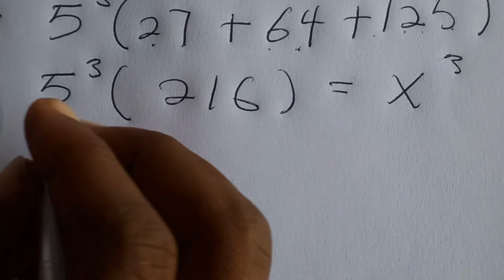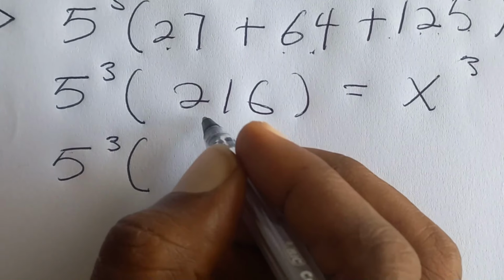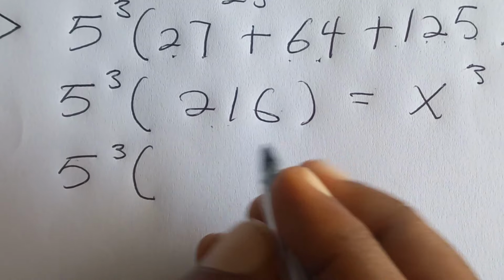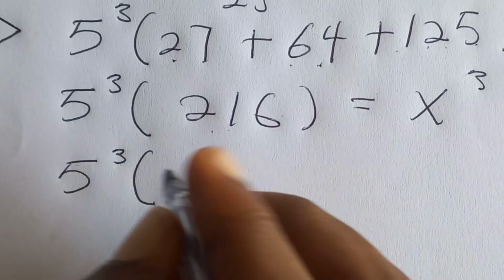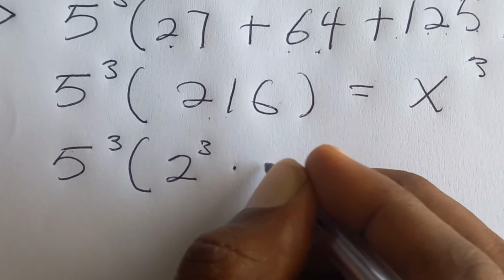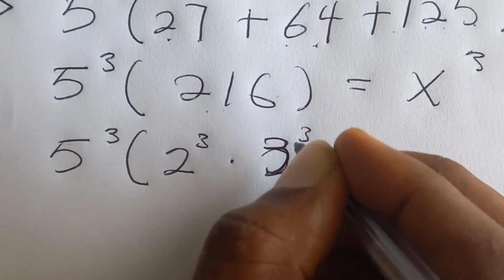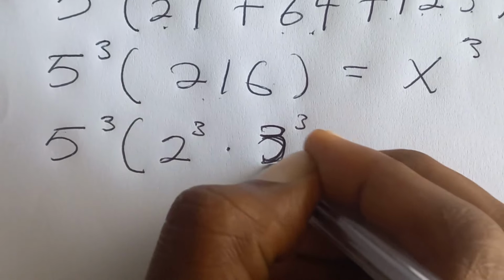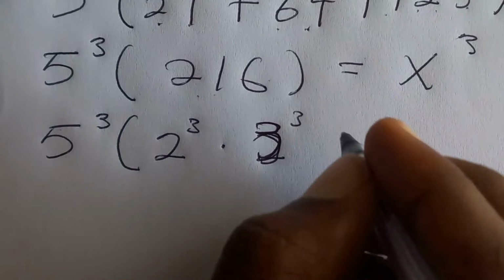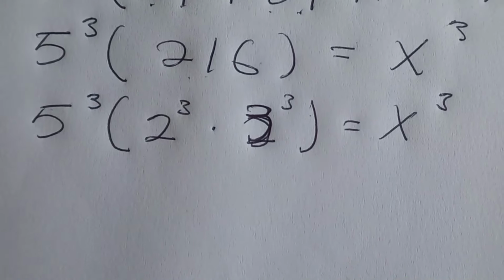So from here, we say that 5 exponent 3 bracket 216, we can break it down as 2 to the power 3 multiplying by 3 to the power 3, which is equal to x exponent 3.